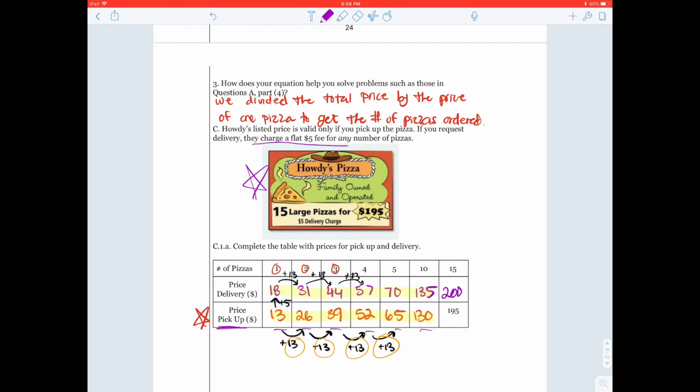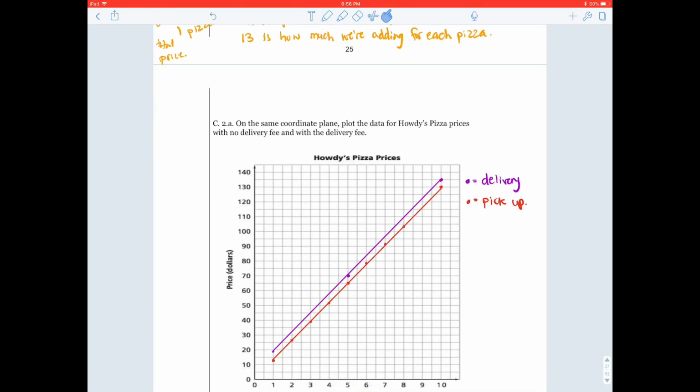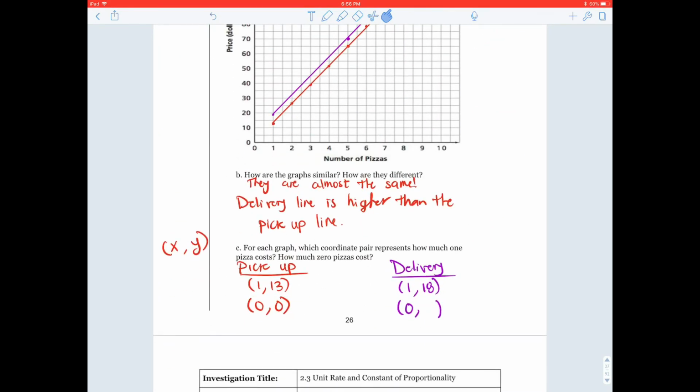That is a horrible line. They charge a flat fee for any number of pizzas. Right there. So, does that include 0 pizzas? Technically, yes, that does. So, if we have 0 pizzas, how much are we paying for delivery? Well, we're just paying that $5.